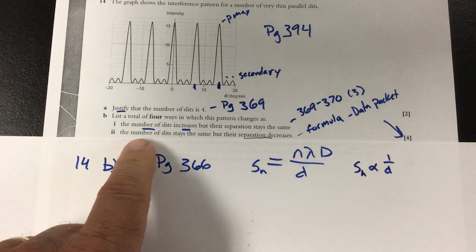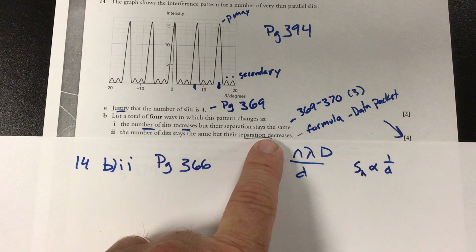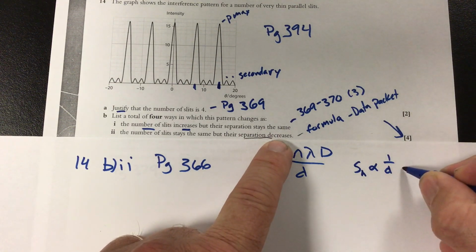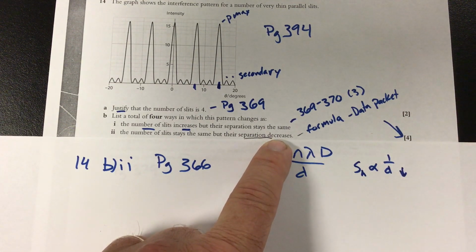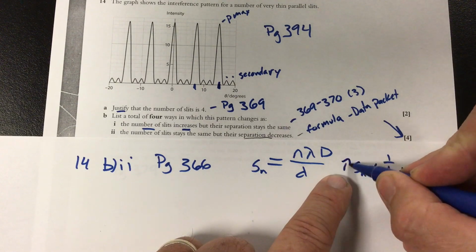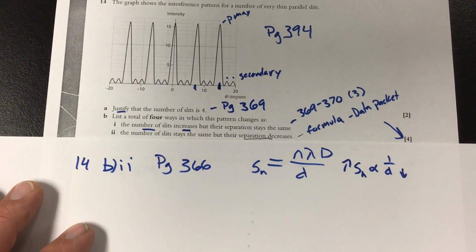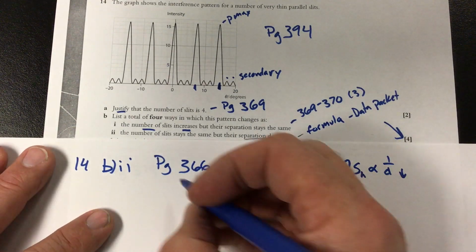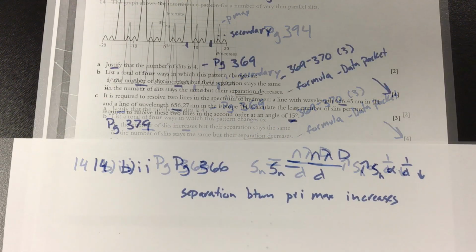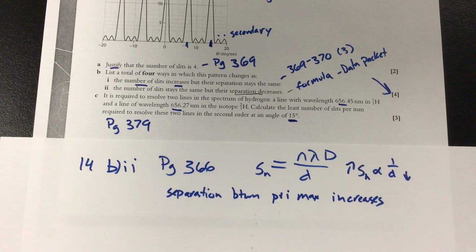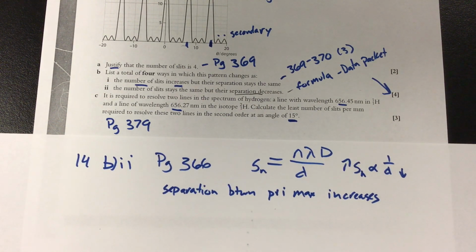Now the number of slits stays the same, but their separation decreases. If the separation decreases, then the other increases. So we can say the separation between the primary maxima increases. There we go.